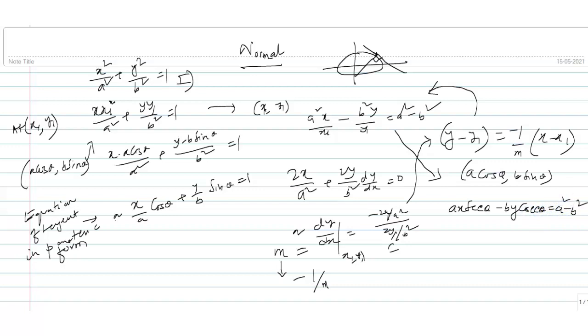This is how you find the equation of the normal in parametric form. In slope form, it will look like y equals mx plus minus m(a square minus b square) over the square root of a square plus m square b square.